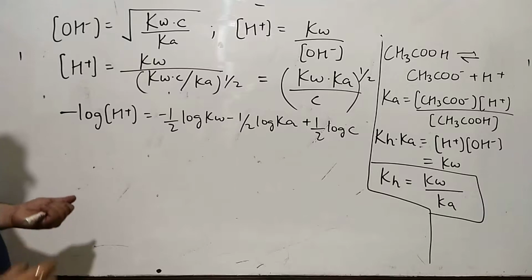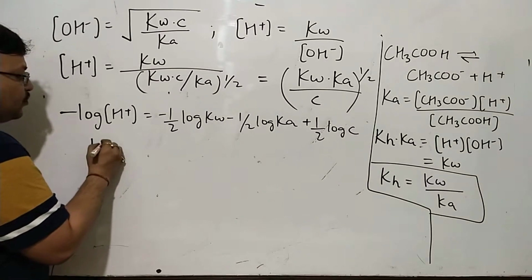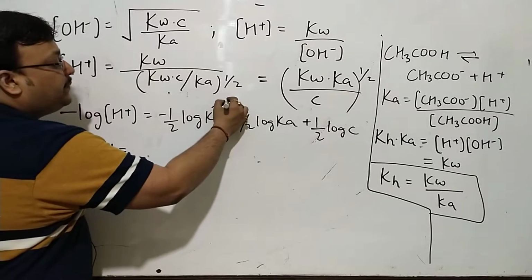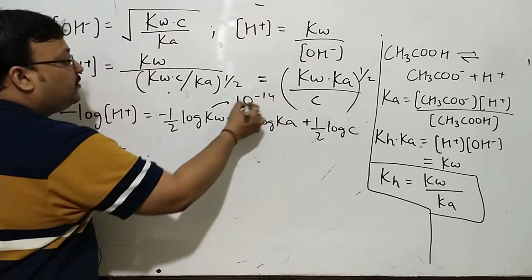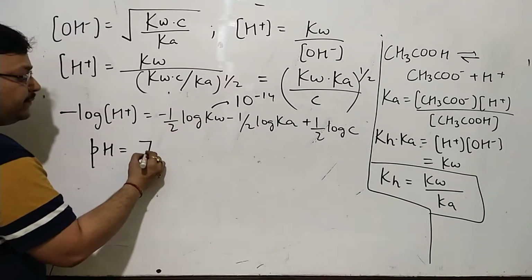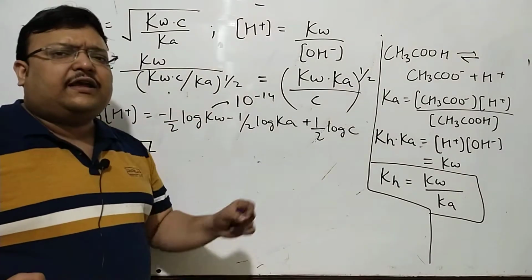This will be represented like pH is equal to, Kw is 10 to the power minus 14. I keep on saying this is 10 to the power minus 14, so log of this is minus 14, and minus half of minus 14 would be 7. Minus log Ka is pKa.